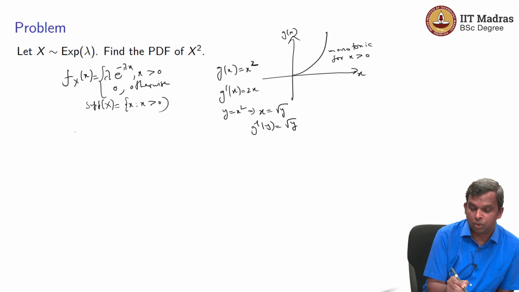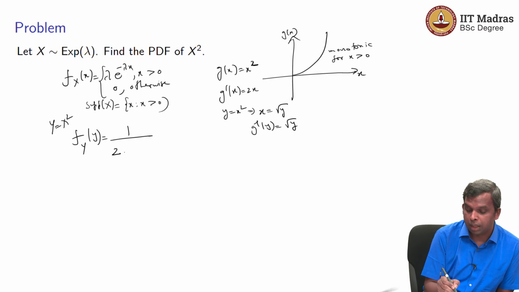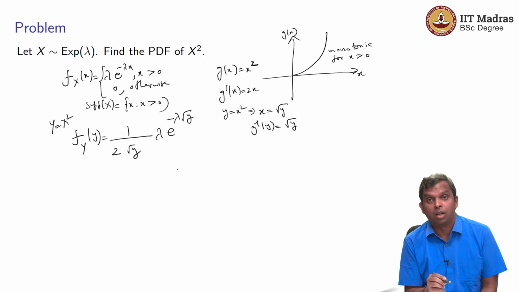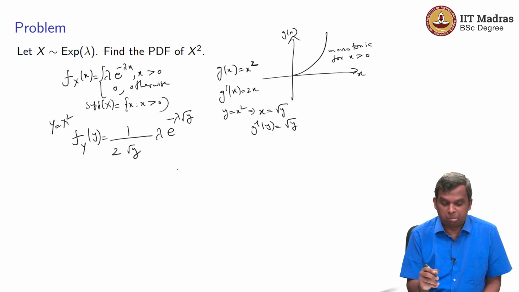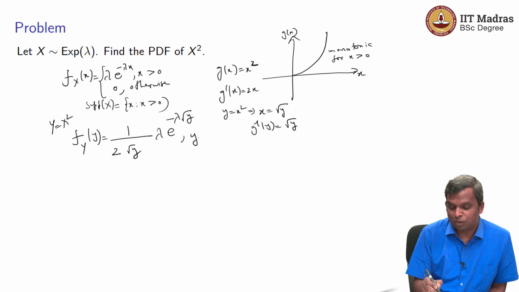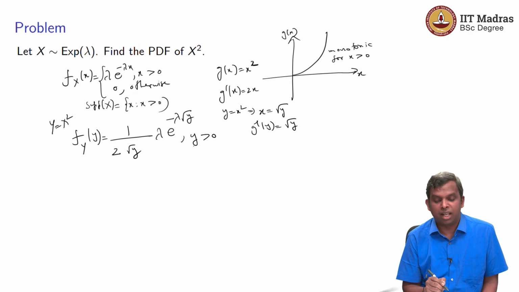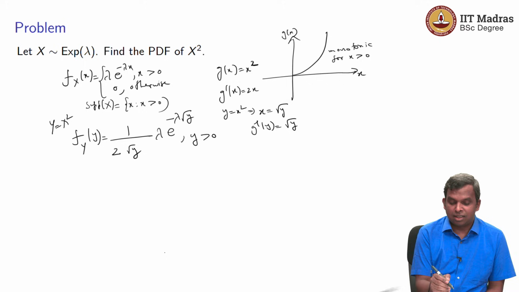So now, if y is x squared, f_Y of y is just the formula: 1 by 2 times square root of y, times the PDF, which is lambda e power minus lambda times, instead of x you need root y. So that's the PDF, and that's for y greater than 0. So you see, this is just the formula.